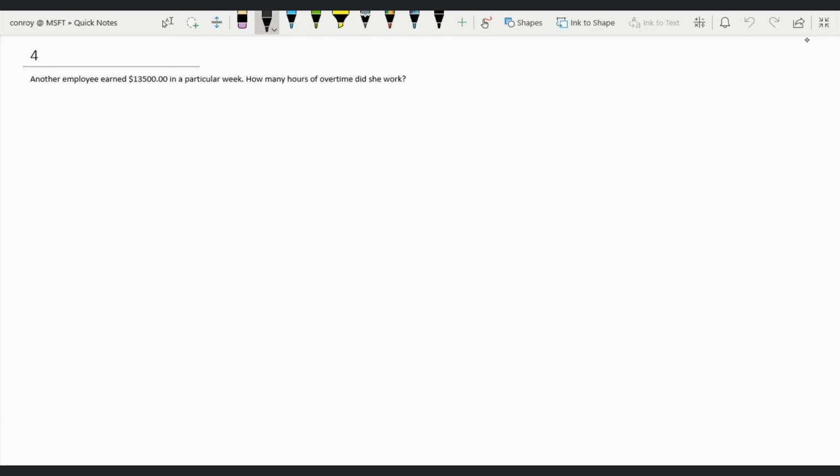So we're going to set the basic wage equal to 250, OT at double. Alright. Now we have a salary, we have a wage, so we can check the number of hours in which this employee worked.